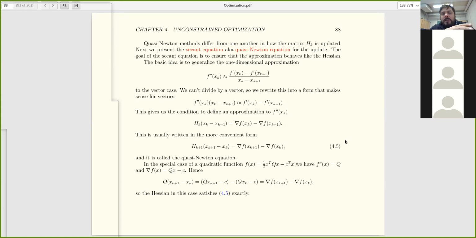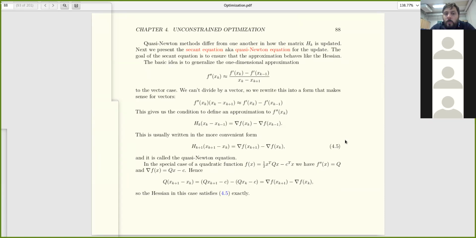So remember, in the one-dimensional case, the second derivative is roughly equal to this: if the change between xk and xk minus 1 is small enough, if we are moving in very tiny steps, then the second derivative at xk can be approximated by looking at the change of the gradient when we moved before, and the change of x, and dividing.